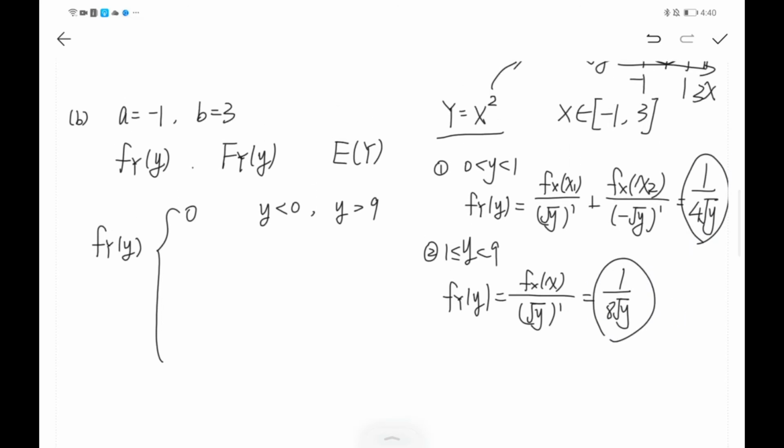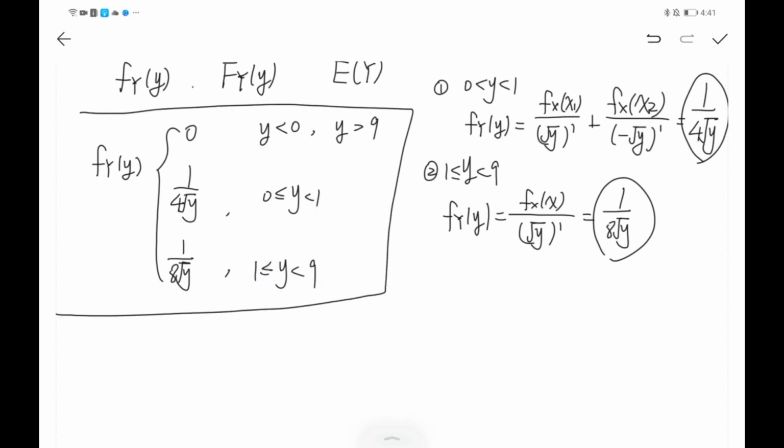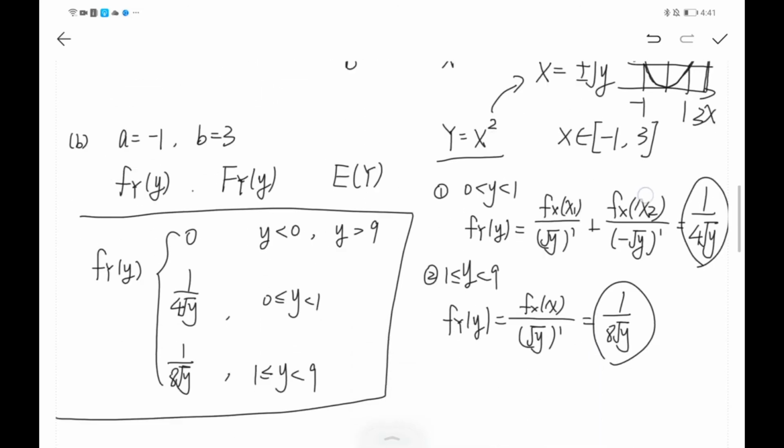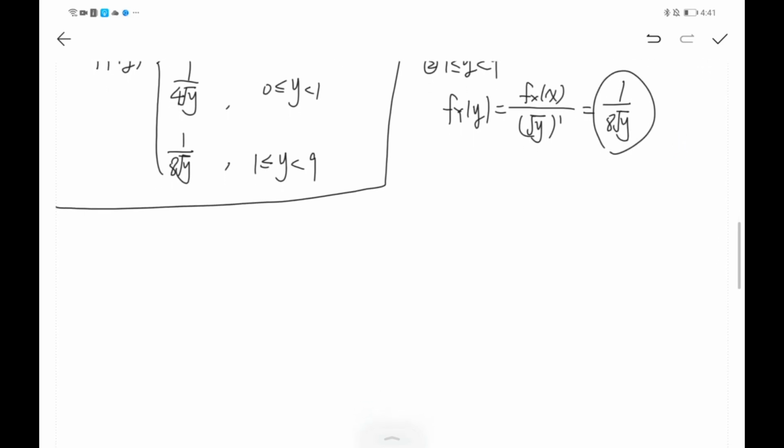So we can write the density function of y: this for y from 0 to 1, and this for y from 1 to 9. The density function is like this, and its plot is like this.